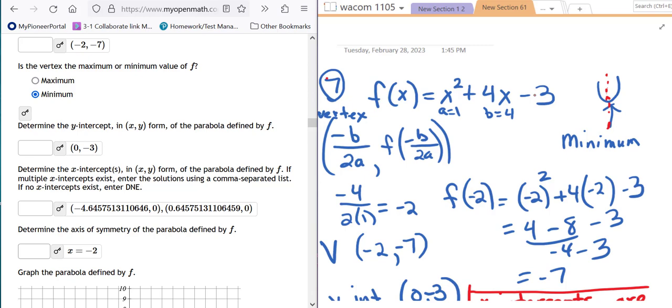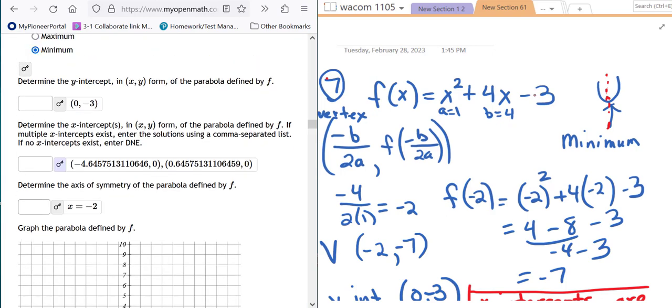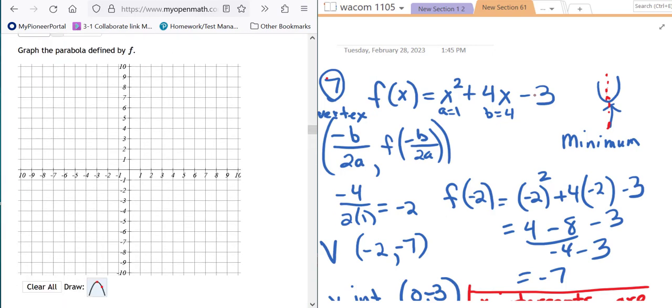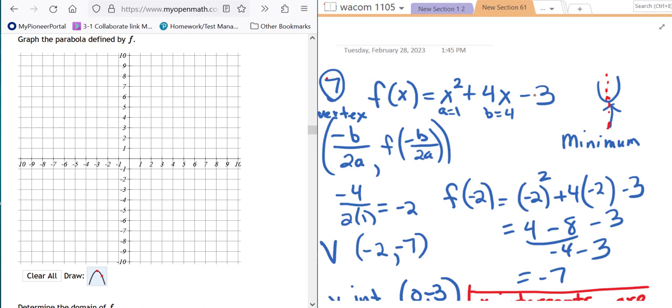So, oh, I didn't answer it all. All right, we were going to draw the graph. So drawing this graph, click my tool, click my vertex, -2, -7. You need one more point, but you have the y-intercept, 0, -3, and that is enough for your graph.